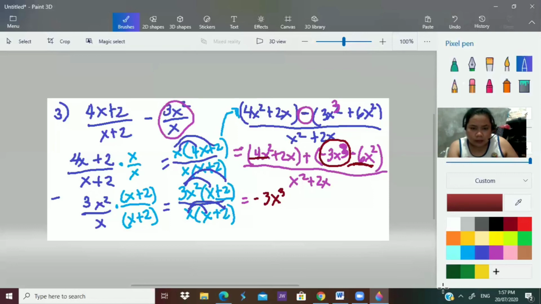So, plus 4x squared minus 6x squared plus 2x. So, we have now 4 plus negative 6. So, negative 2. So, negative 3x cubed minus 2x squared plus 2x over x squared plus 2x.